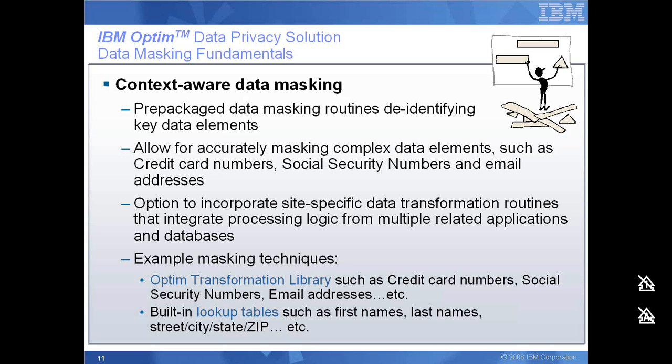Right? So the definition of business objects within these prepackaged solutions are understood by default by Optim, and it will ensure that when you mask a particular portion of the data, it is seamlessly propagated across all the related business elements.